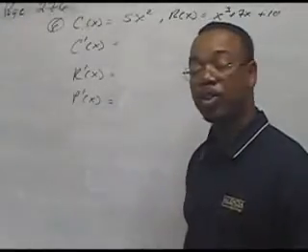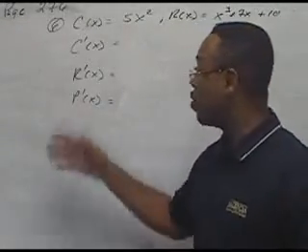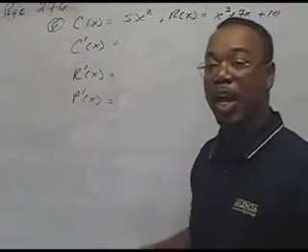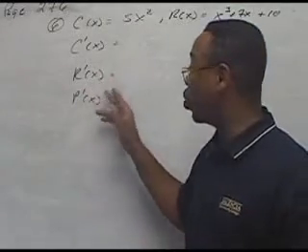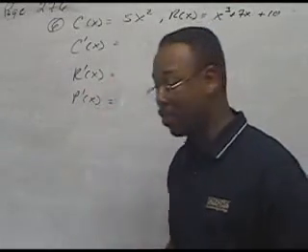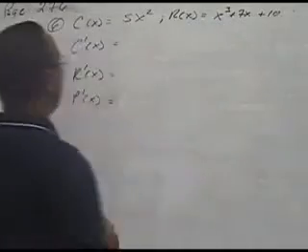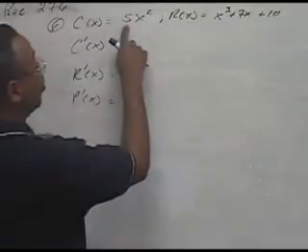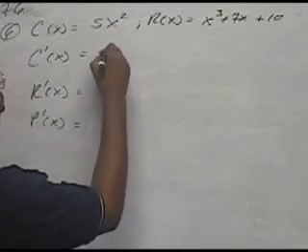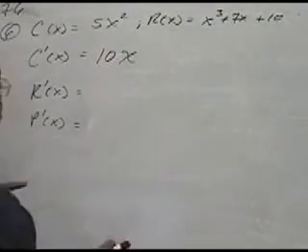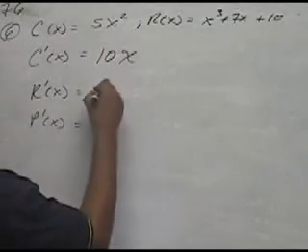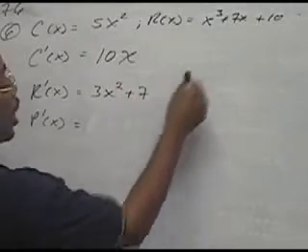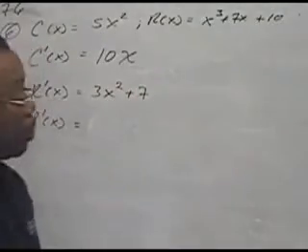Okay, let's do problem number 6 on page 276. We're given the cost function and a revenue function, and we're being asked to find the marginal cost, the marginal revenue, and also the marginal profit. Well, the marginal cost would be the derivative. So this will go from 5x squared to 10x. The marginal revenue would be 3x squared plus 7, and the derivative of the constant will be 0.